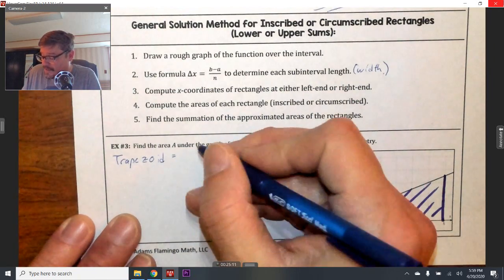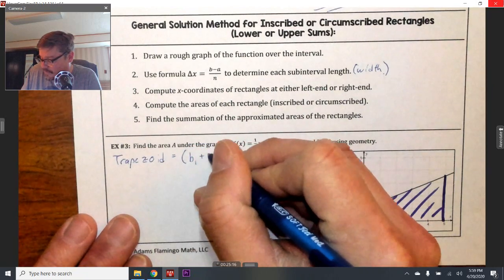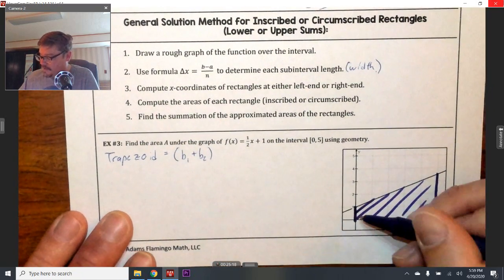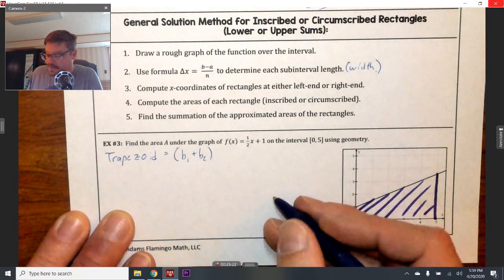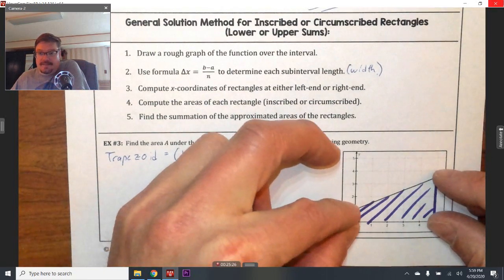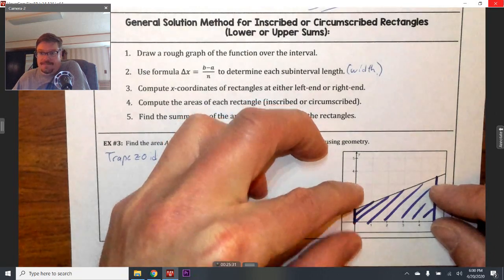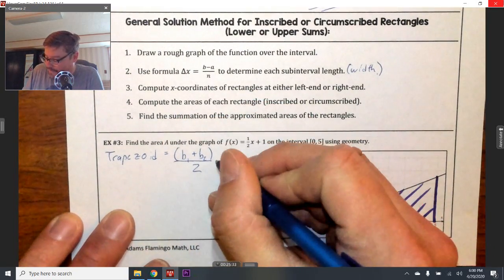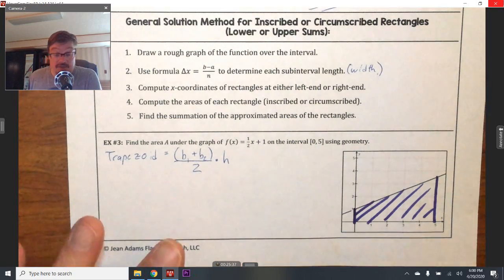The formula is you take the average of B1 plus B2. B1 in this case is this first guy, and this is B2. When I take the average, I put these guys right in the middle, then I multiply by the height, and then I have the actual area of the trapezoid.